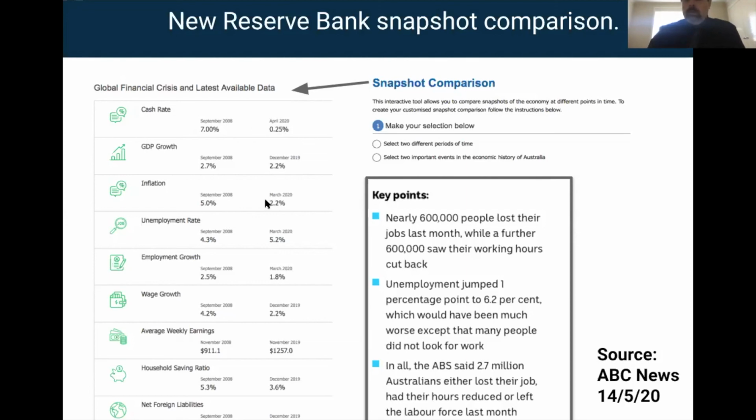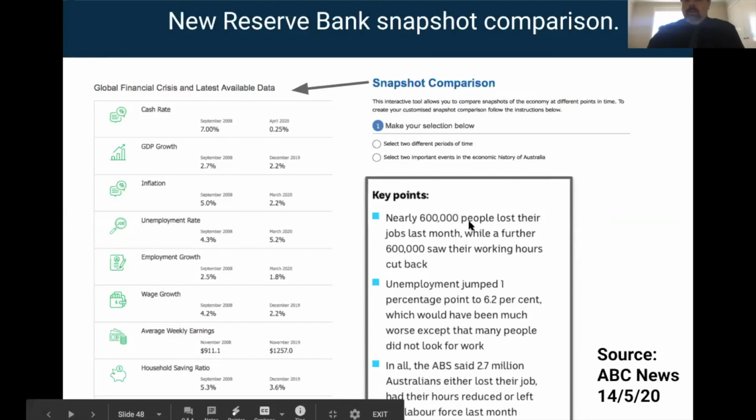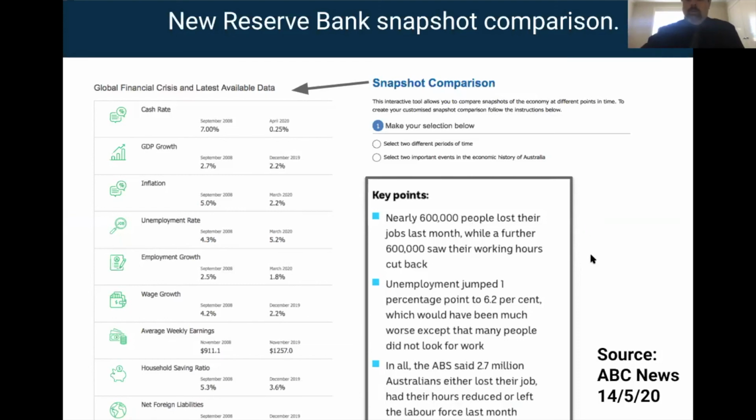Talking about the latest employment figures, this is from ABC News. There are the current statistics on unemployment. I would imagine that as time goes on, these will become worse with what's happening with COVID-19. 600,000 people lost their jobs last month, with hours cut back.